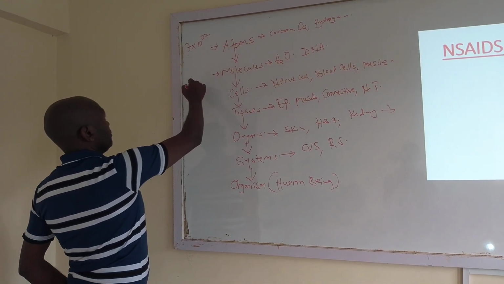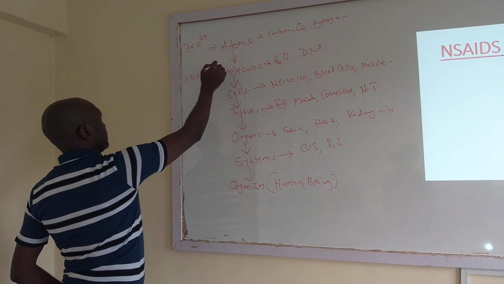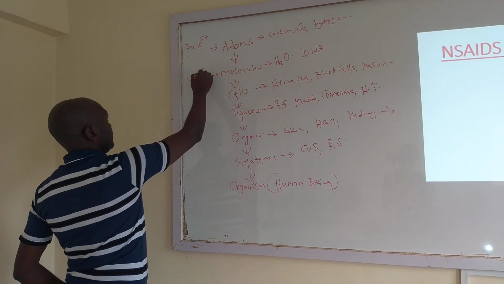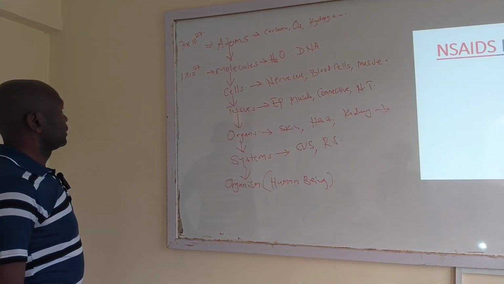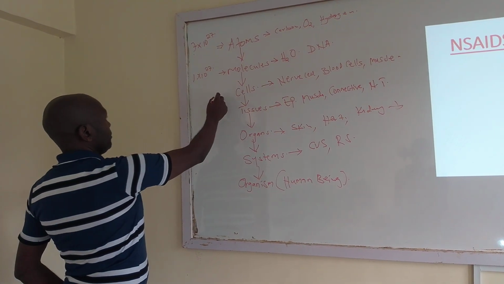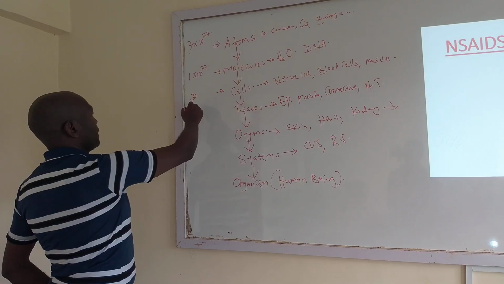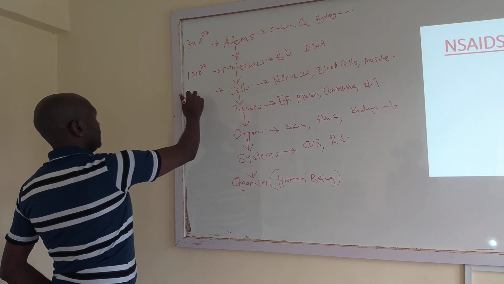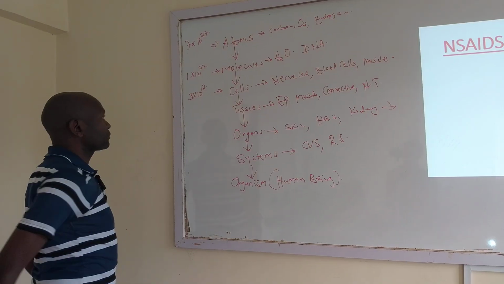The molecules are about 1 octillion, that's 1 times 10 raised to power 27. And then about cells, we have about 30 trillion cells in the body. That is 3 times 10 raised to power 12.